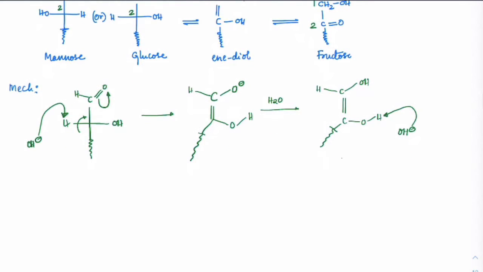Then what can happen? As soon as it extracts the proton, we will have HCOH double bond CO minus and the tail here. So this will close as a double bond and this would move.